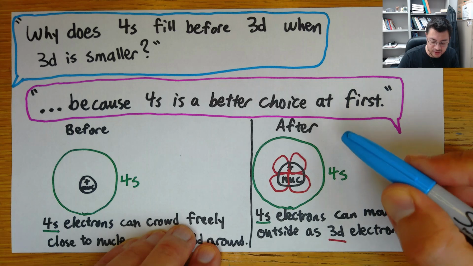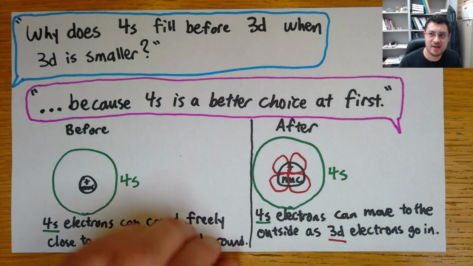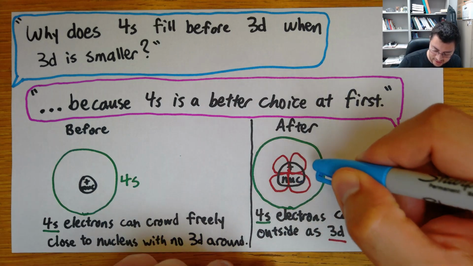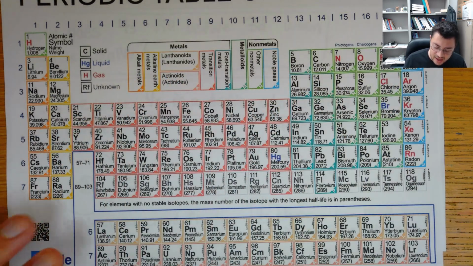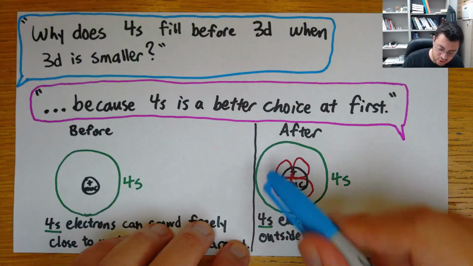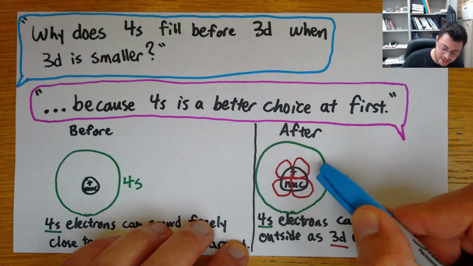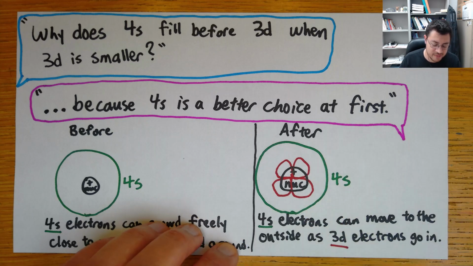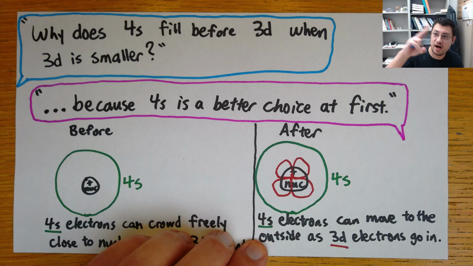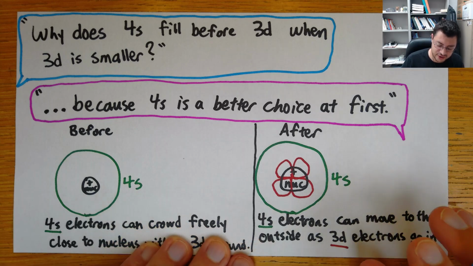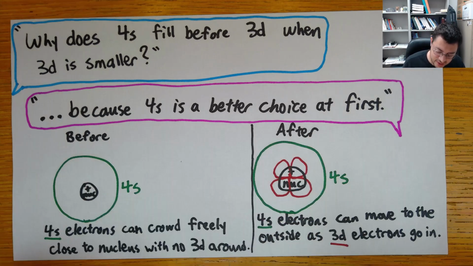All right, and so with that flexibility, everything works out, and those 3d electrons can now just fill into those 5 different d orbitals that are closer, and those s electrons can stay on the outside. All right, and in fact, we're not going to do this in this 101 course, but if we're to remove any electrons, those 4s electrons typically are knocked off first as they're on the outside.